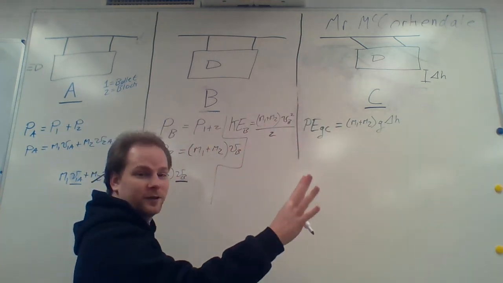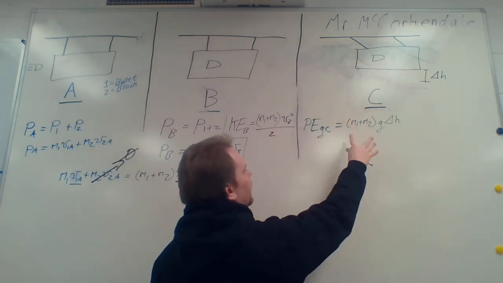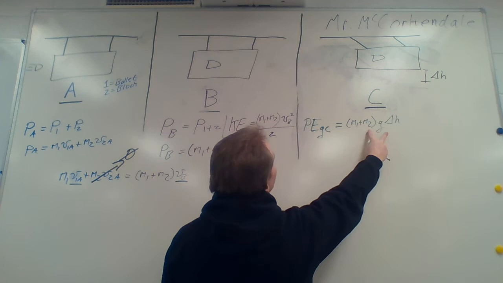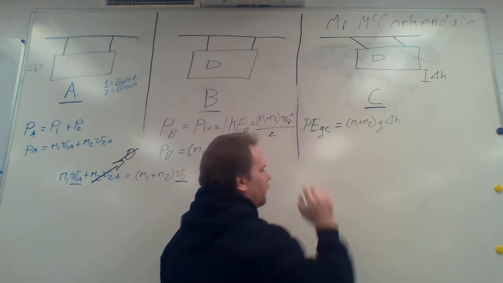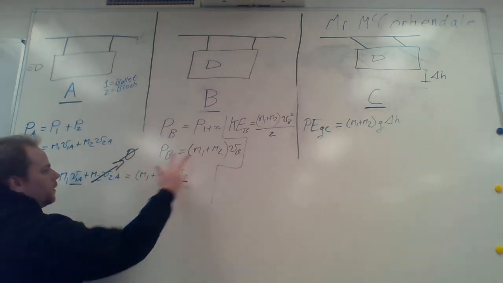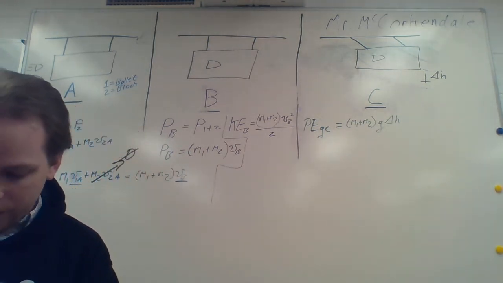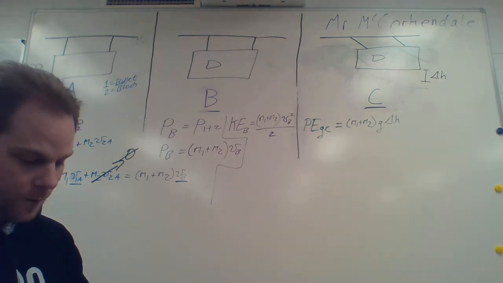Because of the law of conservation of energy, the energy here has to be equal to the energy here, which means we can set these two equations equal to each other, just like we set these two equations equal to each other.